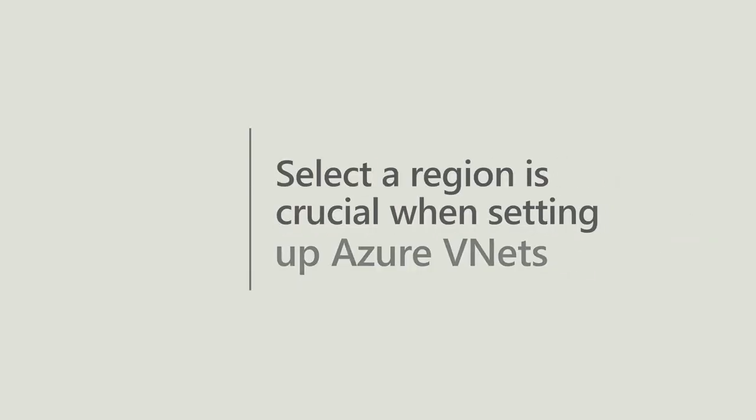As you may recall, the region defines the physical location of your resources. Selecting the right region is crucial when setting up Azure VNets and can profoundly impact your organization across various critical factors, including network latency. By placing resources closer to your users, you can reduce latency, ensure faster response times, and provide a better user experience. It also provides availability. Different regions may offer various levels of redundancy and availability, which directly impacts the reliability of your applications.